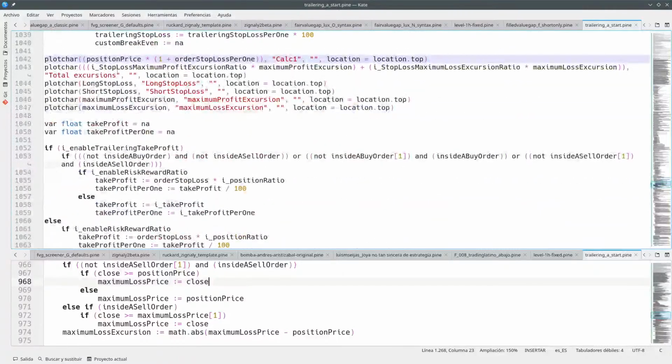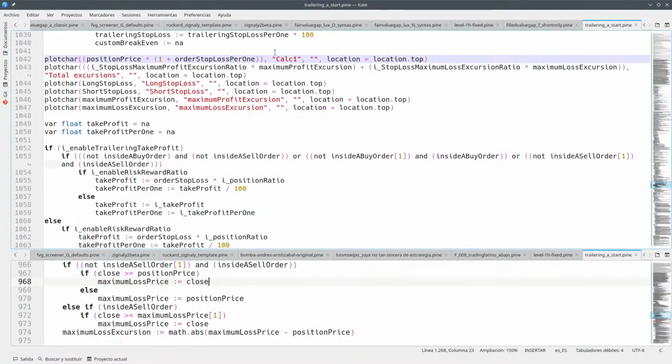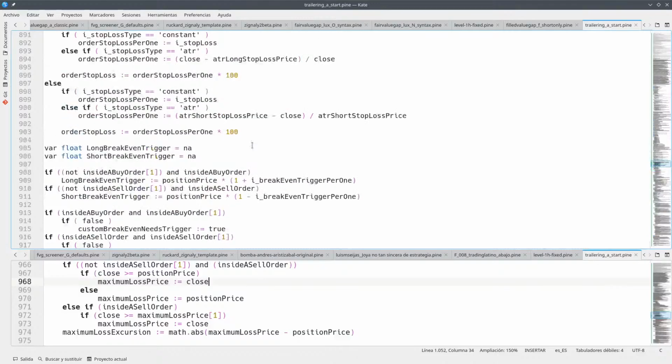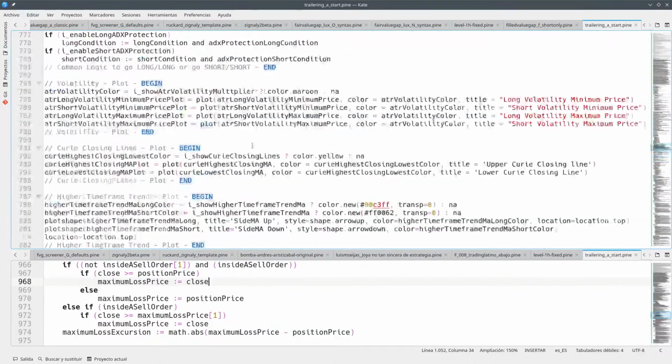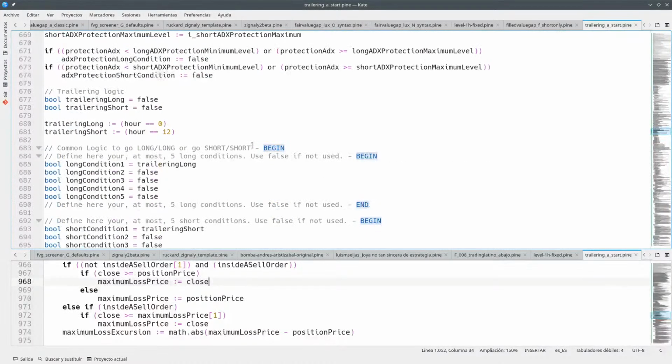Okay, I think I'm going to remove this plot here because it confuses more than it helps, or maybe not. So what I'm looking for is the place where everything is being done, which is here, trailing. Yeah, this logic here.